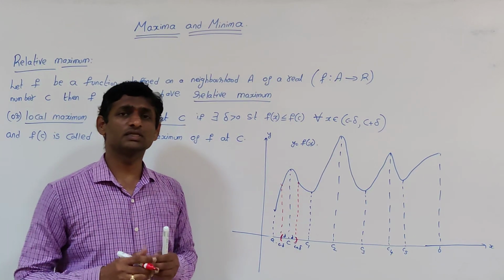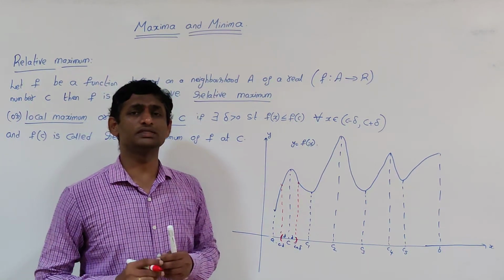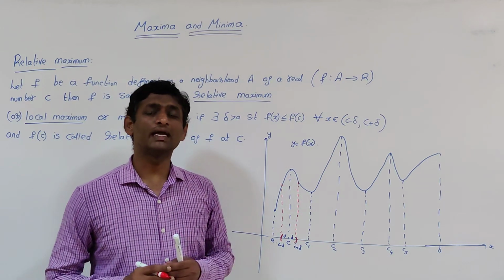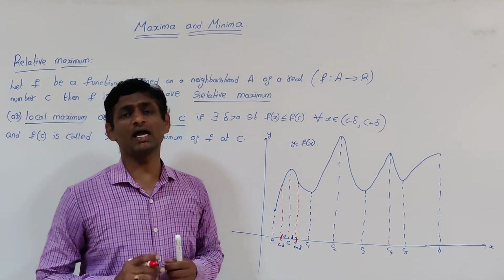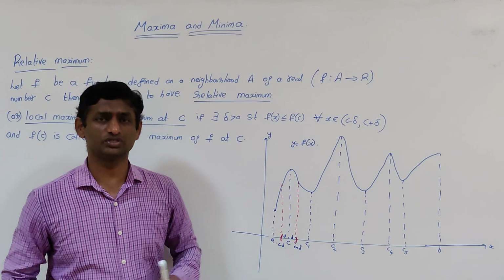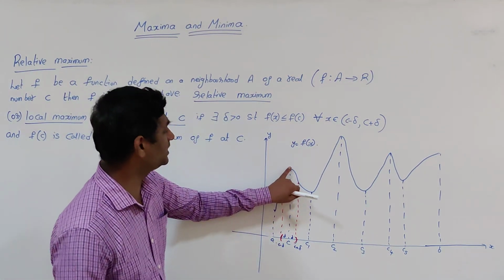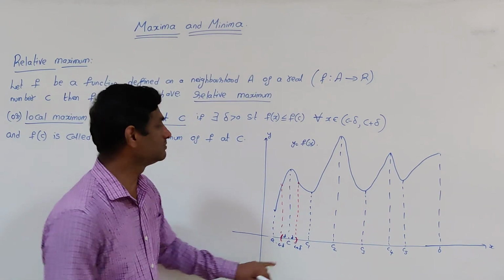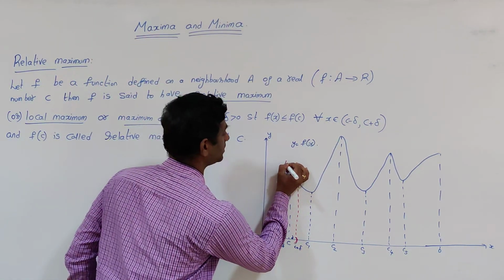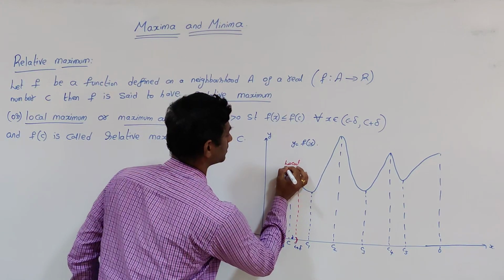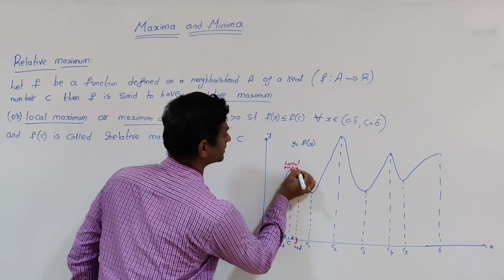That top scorer is the global maximum for the entire group, for all 5 sections. So here f of C is the local maximum.